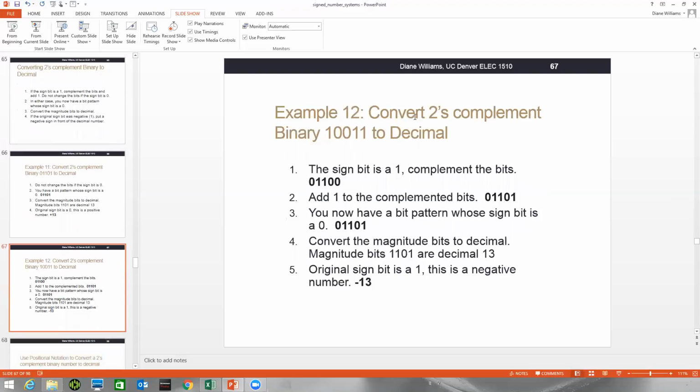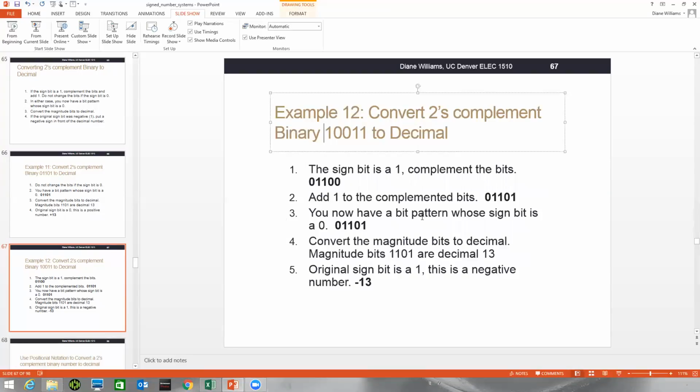All right, now let's convert another 2's complement binary number to decimal. So I want to look at this number, all right? And I say, well, what's the sign bit? Well, the sign bit is a 1. I need to complement the bits. So I take this entire bit pattern and complement it. So now I have 0, 0, 1, 1, 0, 0. I add 1 to the complemented bits to form this pattern.